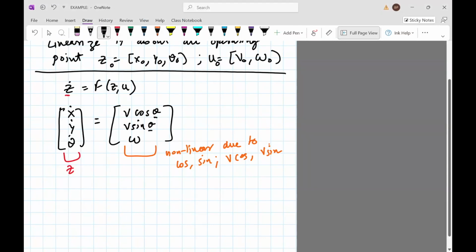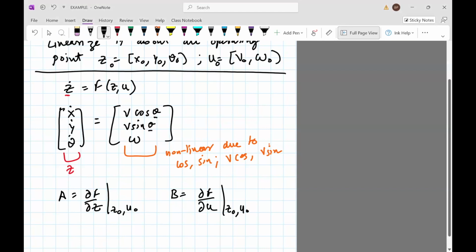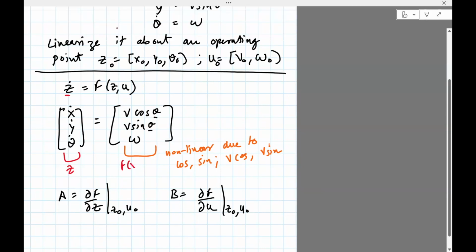So we'll say that A is df dz about z0, u0, and B is df du at z0, u0. So we just have to evaluate these things. Okay, so let's do it one at a time. Let's compute A and let's compute B.